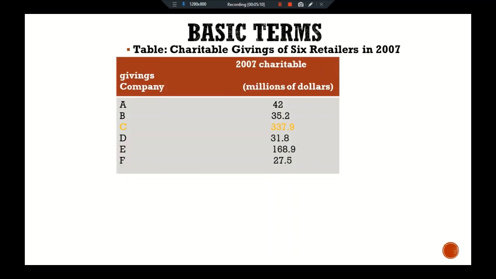So here we have around 6 different companies or firms. We can call this group of companies a sample of 6 companies. Each company listed in this table is called an element. We can say these are the elements or members of our sample analysis.